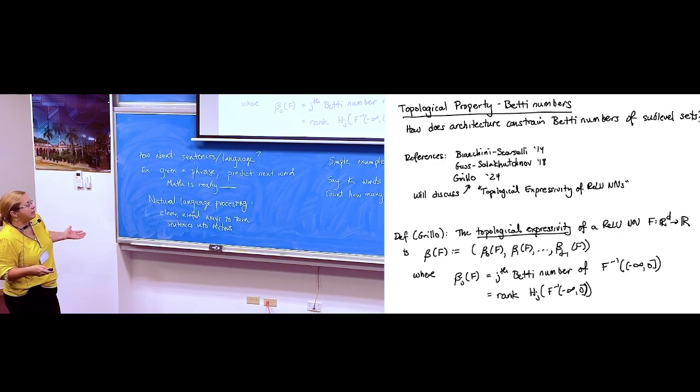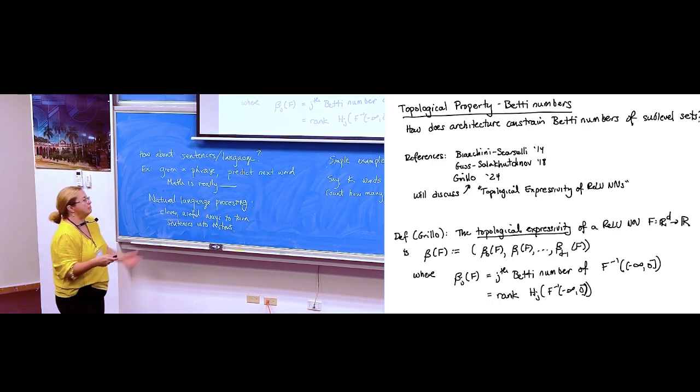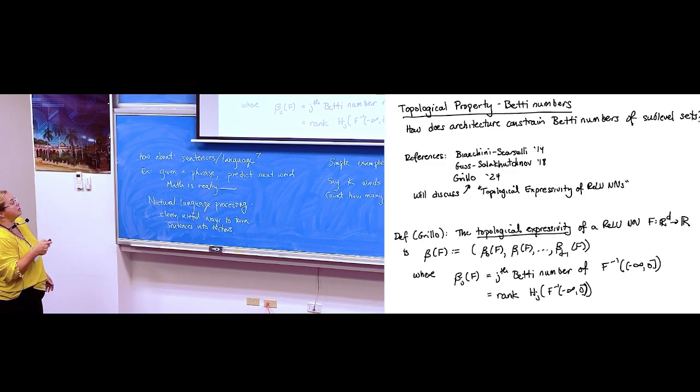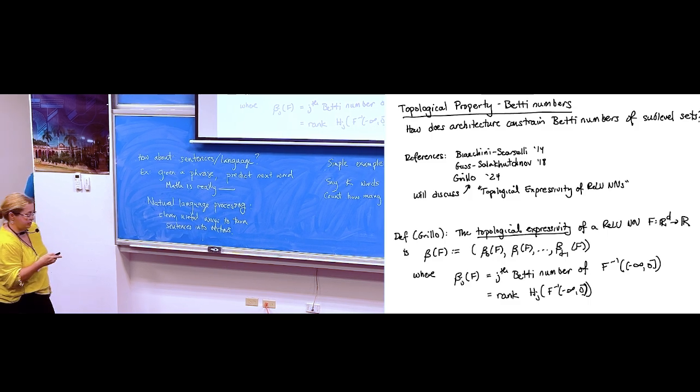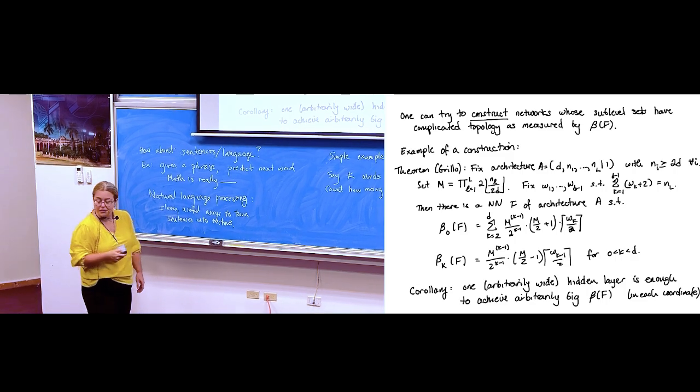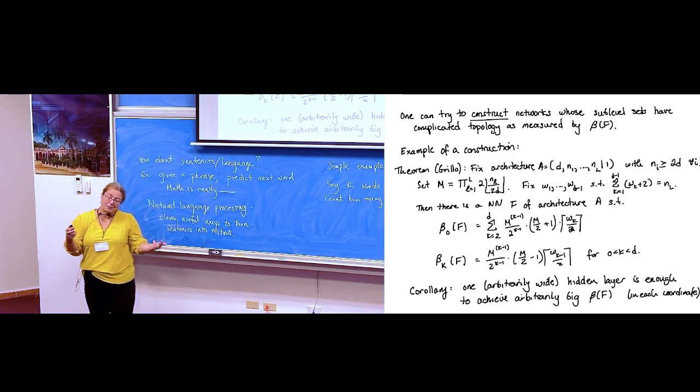Okay, great. Really strong topological information. So what constraints does the architecture place on these numbers? If you ask this question, there's two ways to go about it.